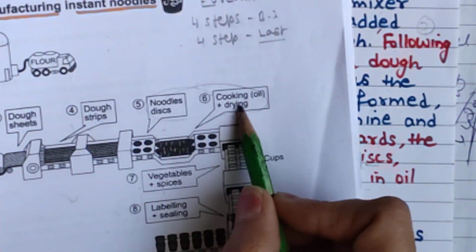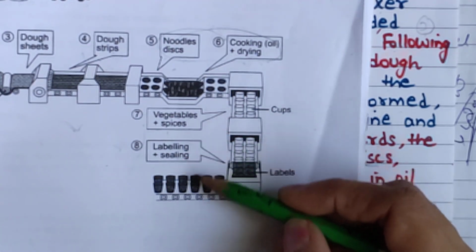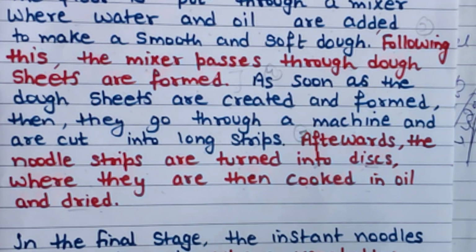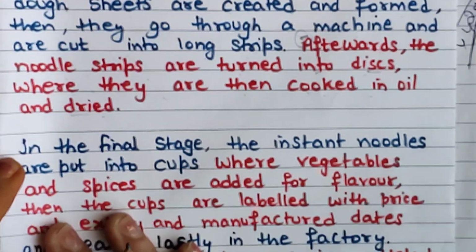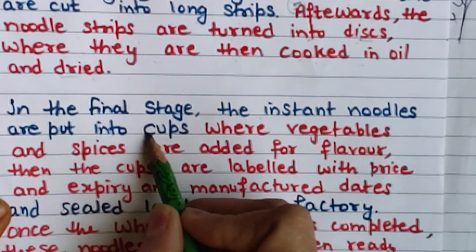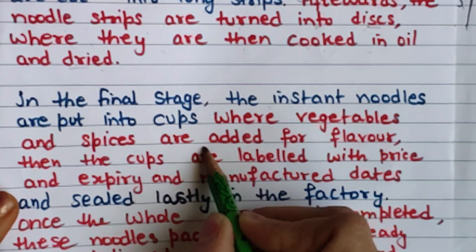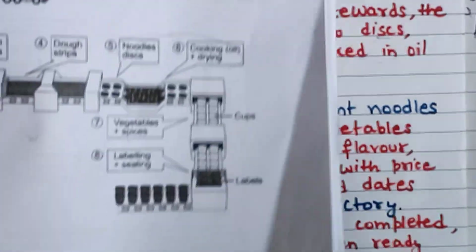So in fact I have combined 6 steps, 1, 2, 3, 4, till 6 I have done. Now I will talk about these last 2 steps. Okay, in the final stage, this is the final stage, the instant noodles are put into cups where vegetables and spices are added. You can see the 7th step.